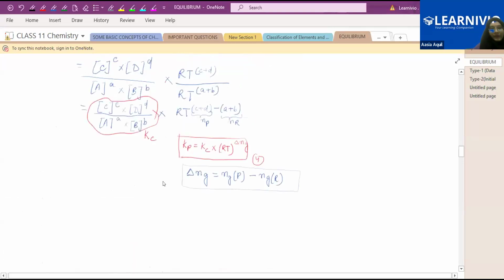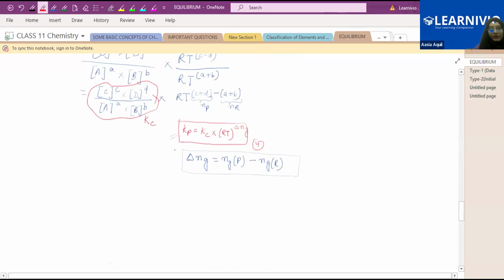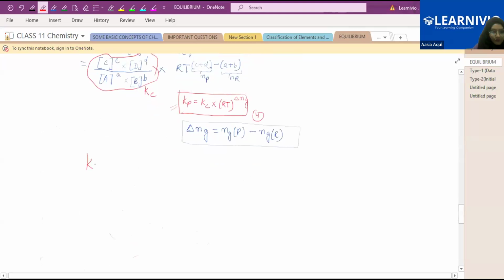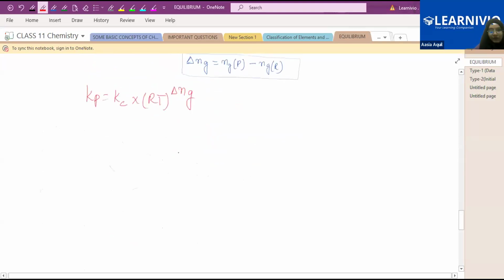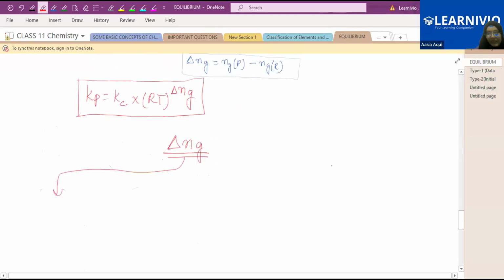Okay, now see this. So we have this equation: Kp is equal to Kc into (RT) raised to the power delta Ng. Now, what if we have three cases?